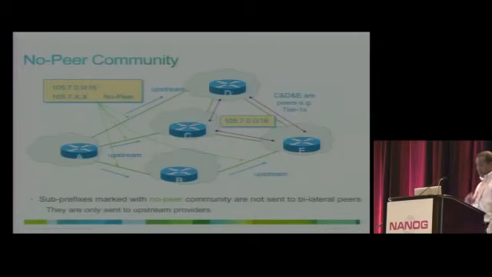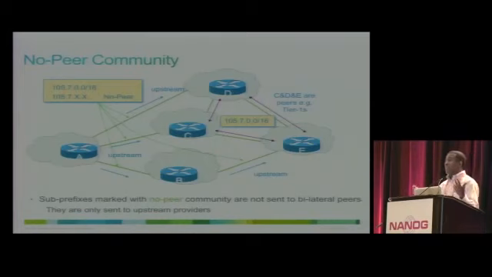Okay. Another one is no peer. A peer, as I alluded to earlier, has two different meanings. One is any BGP session, but another one is a BGP session between two different autonomous systems that exchange their own networks, but that are not used for transit to another network. And usually it is settlement free, which means they don't exchange money.